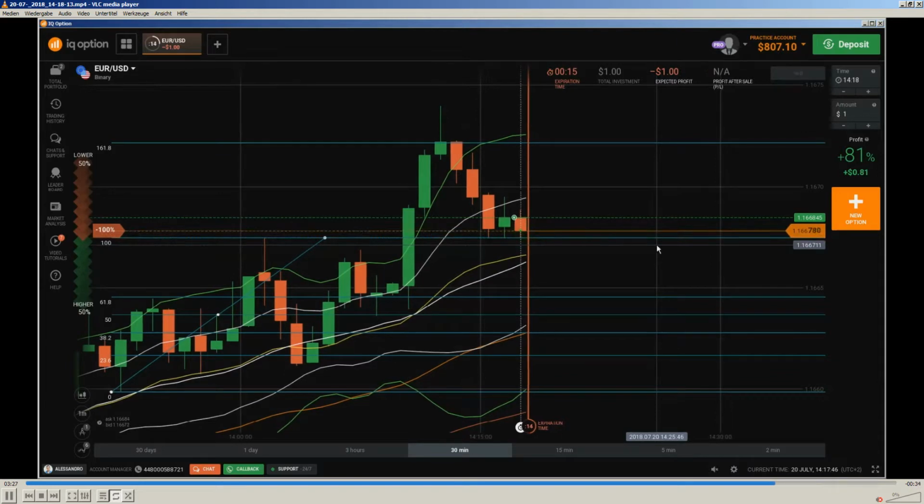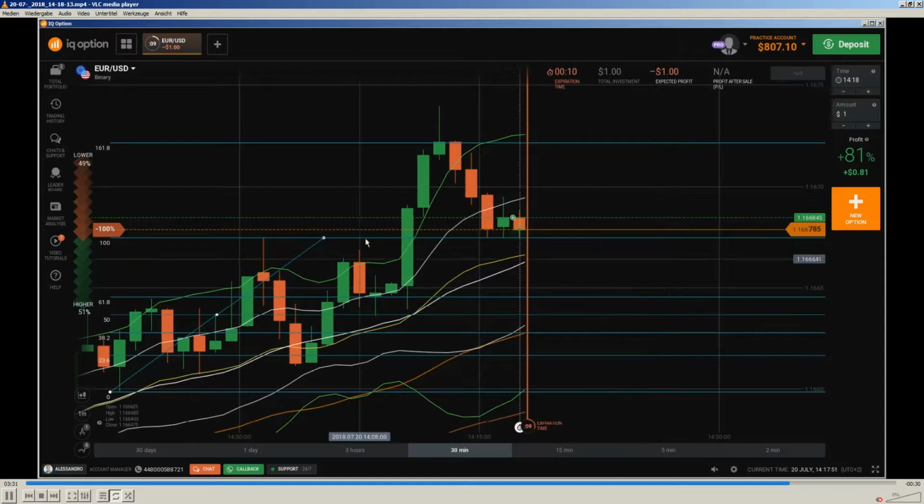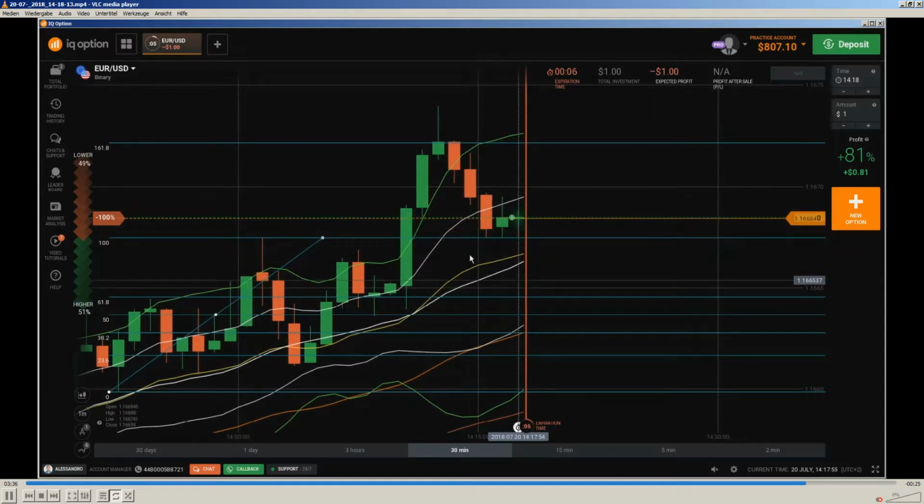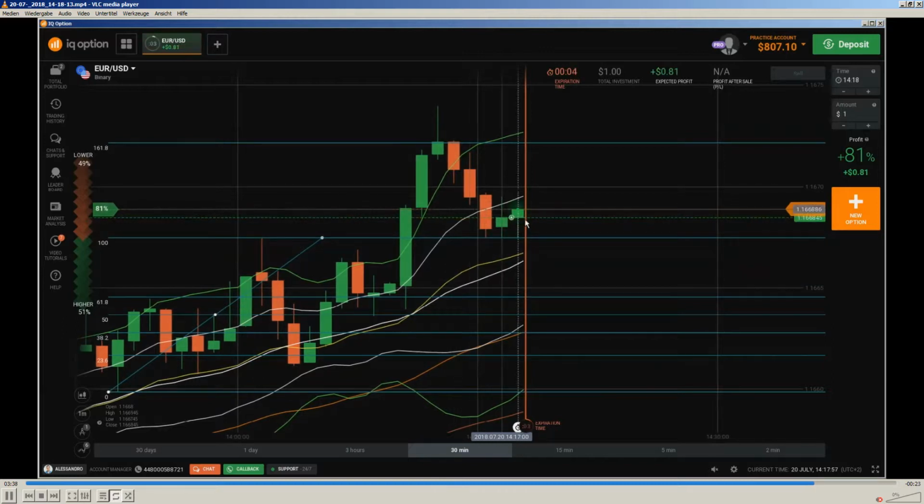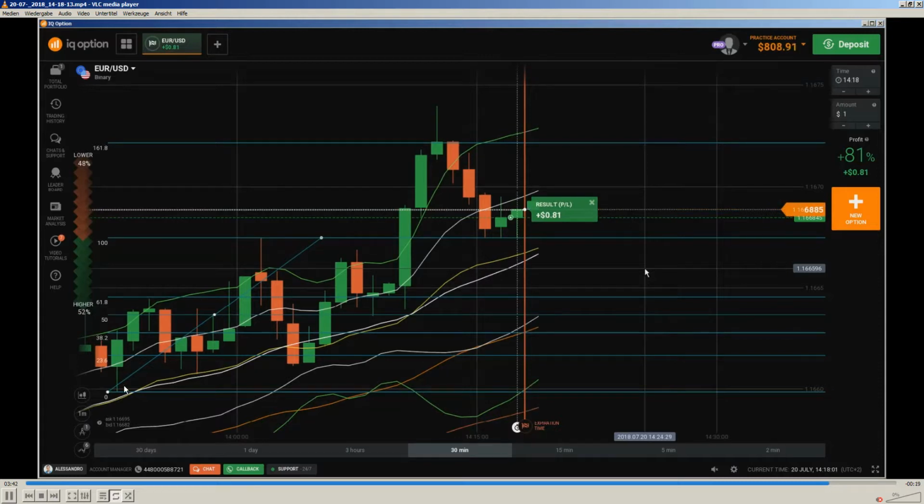Price is really fooling, trapping. You see how dangerous this is? It looks like it would be a trend continuation, and in the last seconds it changed into an uptrend. That is what is really tricky, and I think a lot of traders would be trapped in this kind of condition.